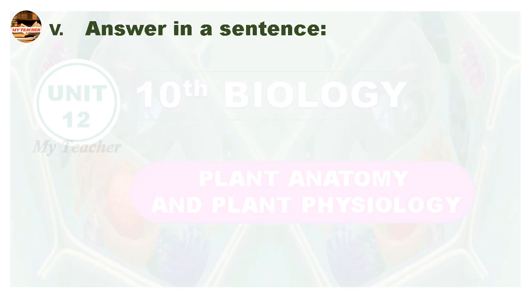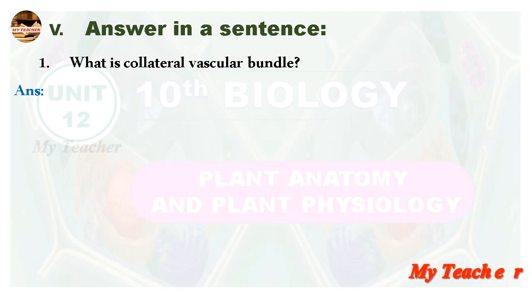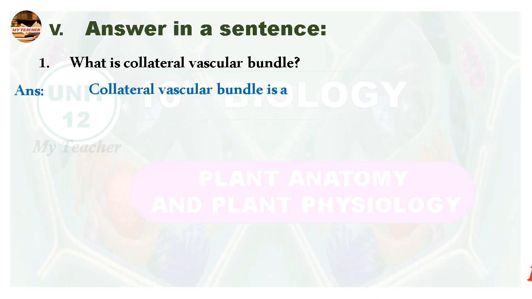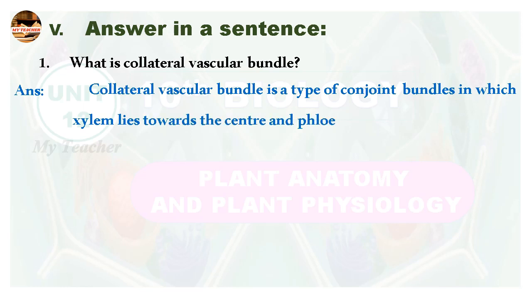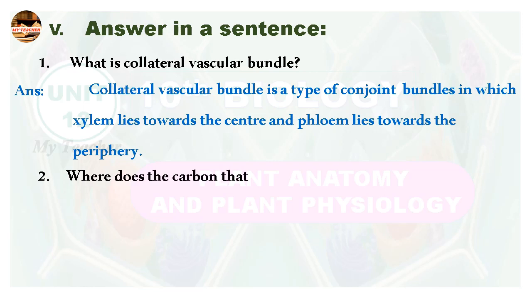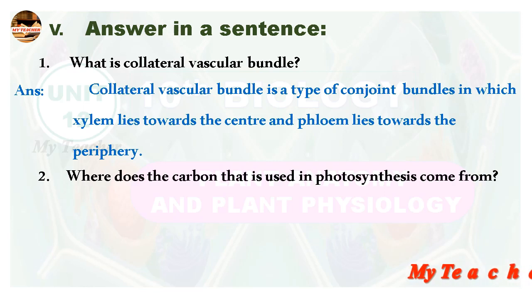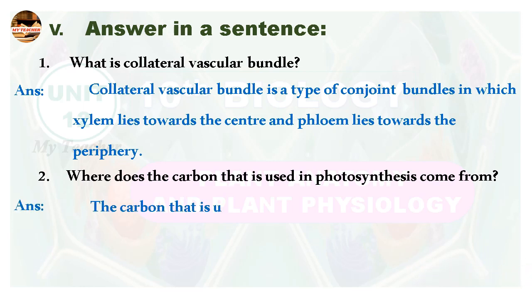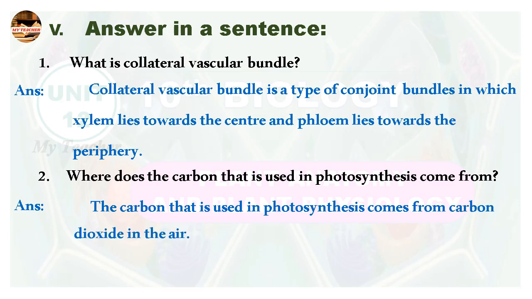Answer in a sentence. What is collateral vascular bundle? Answer, collateral vascular bundle is a type of conjoined bundle in which xylem lies towards the center and phloem lies towards the periphery. Second question, where does the carbon that is used in photosynthesis come from? Answer, the carbon that is used in photosynthesis comes from carbon dioxide in the air.